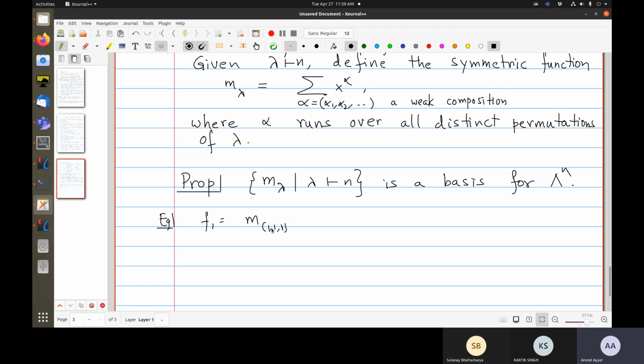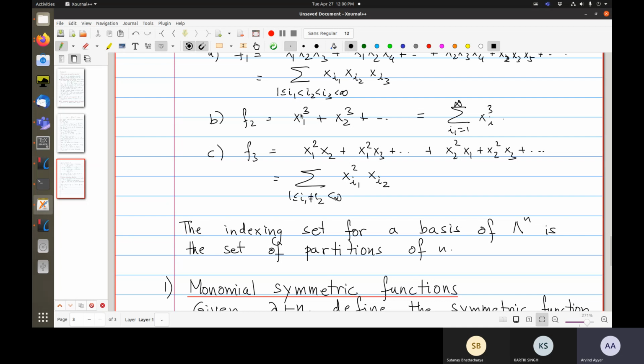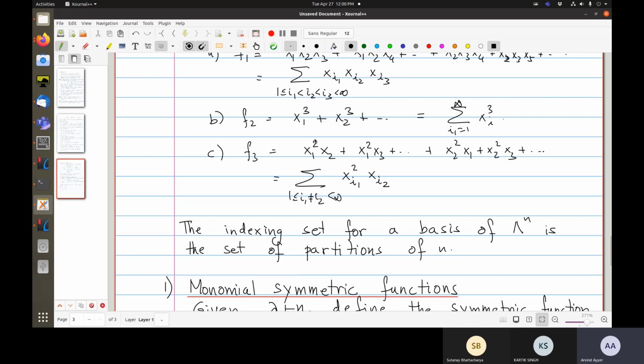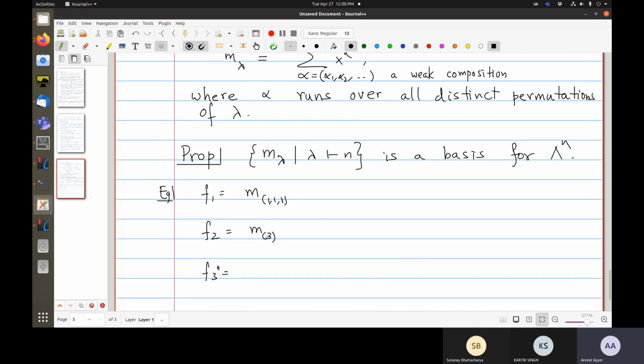F2 was the partition where there was only one exponent, which was 3, and so this was M3, and F3 corresponded to the partition where one exponent is 2 and one exponent is 1, and this is M2, 1. Okay, and so the examples you gave naturally fit in this category.